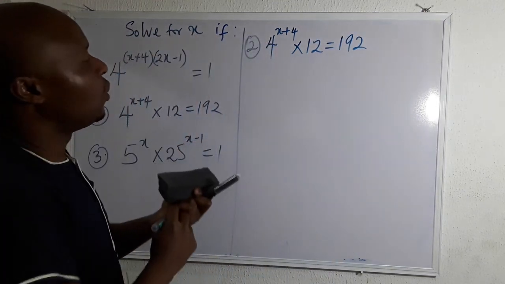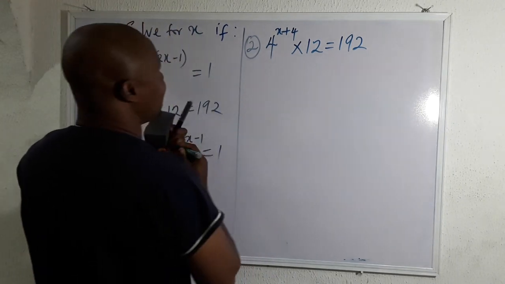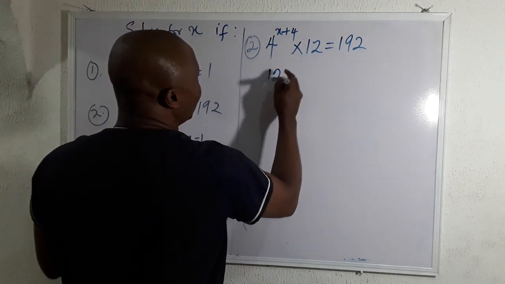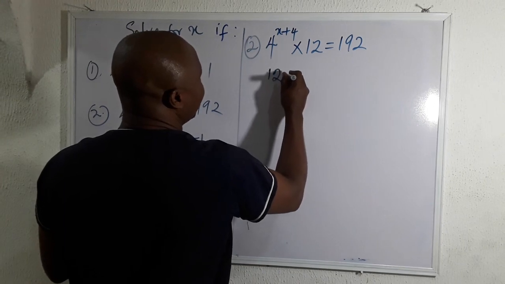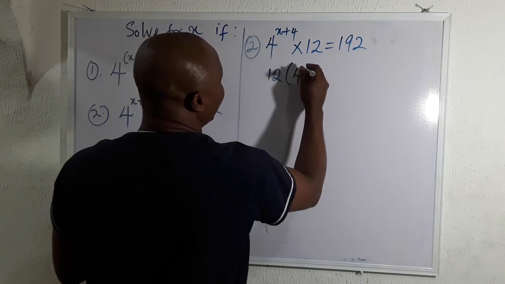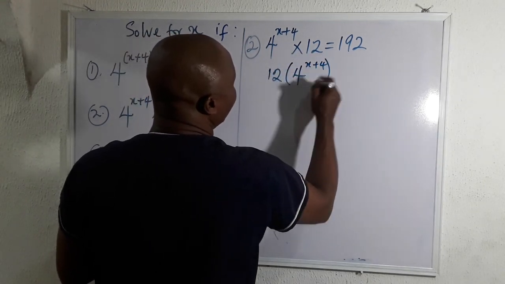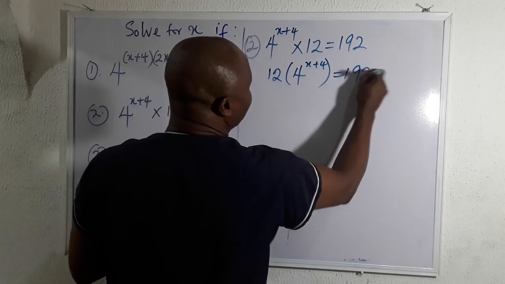Now what we are going to do in this problem is that this is the same thing as saying 12 times 4 raised to power (x + 4) is equal to 192.